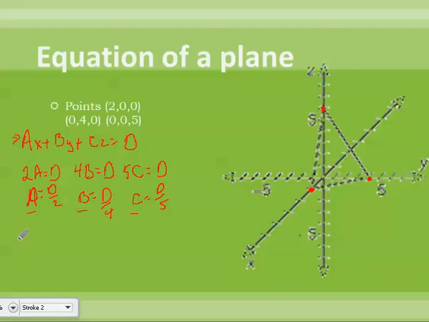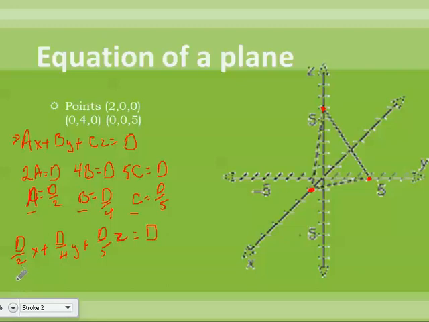And what do I get? I get d over 2x plus d over 4y plus d over 5z equals d. Now I've got d's in every one of them. I can divide that out. I'm looking for a common denominator, and I see 20 as my common denominator here.